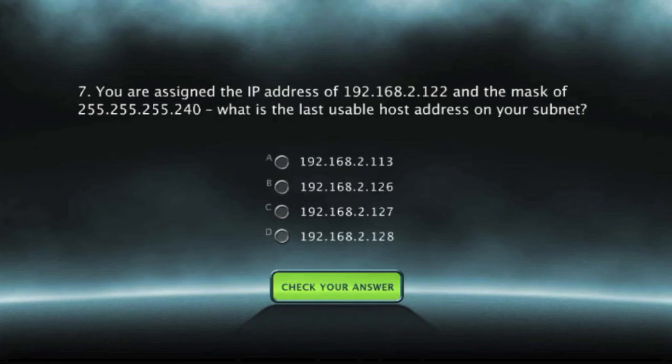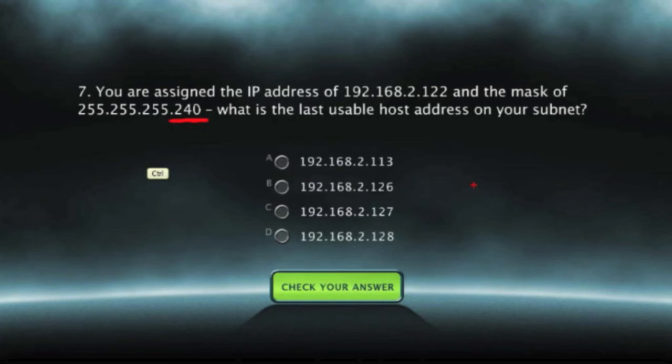Let's go ahead and take a look at how we would solve this. First up, how many bits did we borrow? We have to figure that out in order to use my shortcut, and the only way we can see it is right there, the 240.